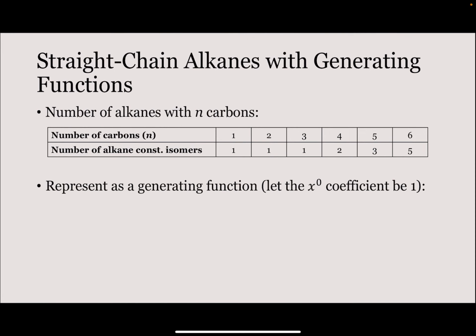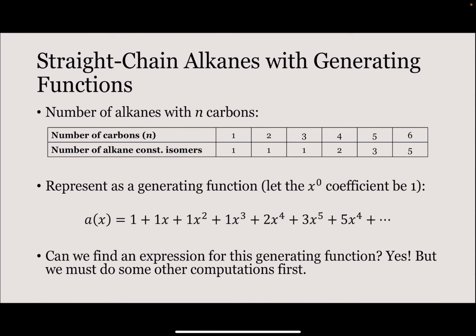By convention, we let the x to the 0 coefficient be 1, to represent the fact that there's one constitutional isomer with no carbons, namely a molecule that has 2 hydrogens. Can we find an expression for this generating function that would allow us to compute this for higher values? The answer indeed is yes, but before we can do this, we must do some other computations first.